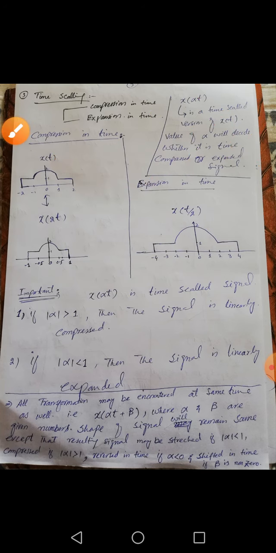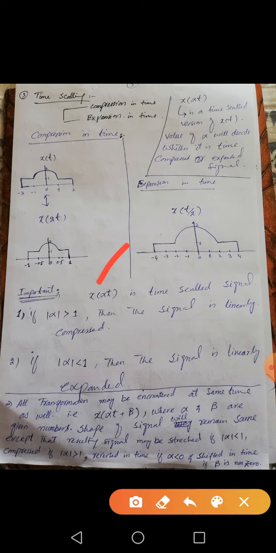So these are the few important tips which need to be remembered for the case of time scaling. X of alpha t is a time scaled signal. If the magnitude of alpha is greater than 1, then the signal is linearly compressed, like the case over here, 2 is greater than 1, so the signal is compressed.